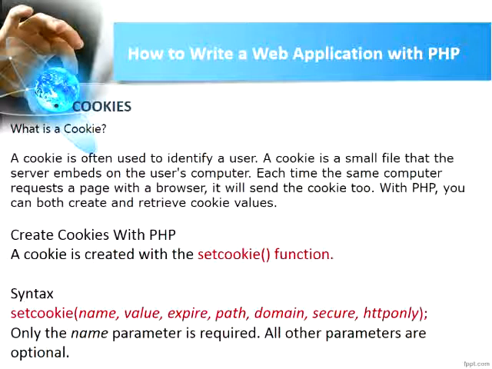This function takes many arguments like name, value, expire, path, domain, secure, httponly, etc. But only the name parameter is required. All other parameters are optional. Is it clear for you what the meaning of a cookie is? Okay.